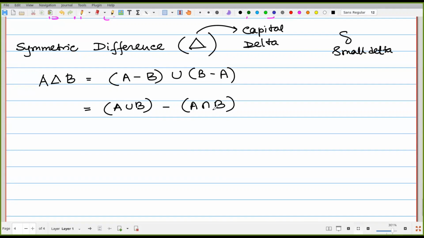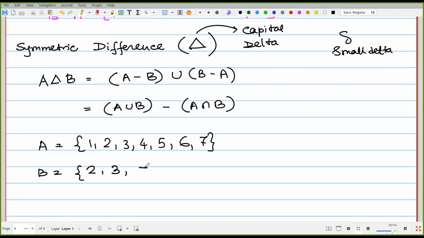Suppose we have a set A: 1, 2, 3, 4, 5, 6, 7. Another set, B: 2, 3, 7, 9, 11.